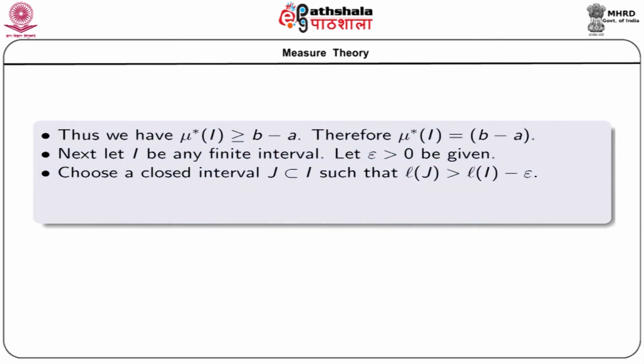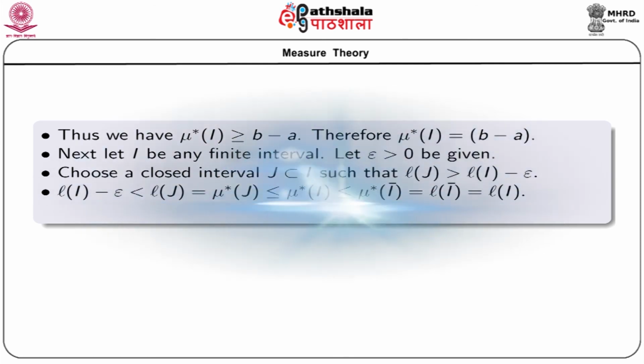Now, see that within any interval with positive length, I can always insert a closed interval. So, choose a closed interval J subset of I such that l(J) is greater than l(I) minus epsilon.